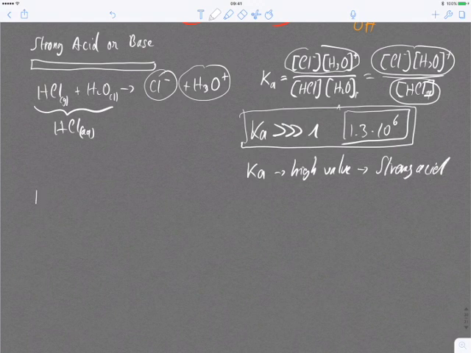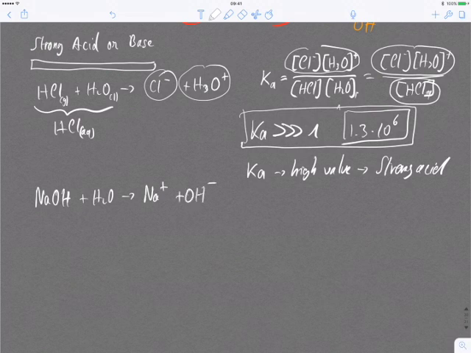In a similar way, NaOH, which is a strong base, plus water will give you Na plus OH minus. It will give you a Kb. We're using B for base in this case, but you understand this is the same formula. This is the equilibrium constant.